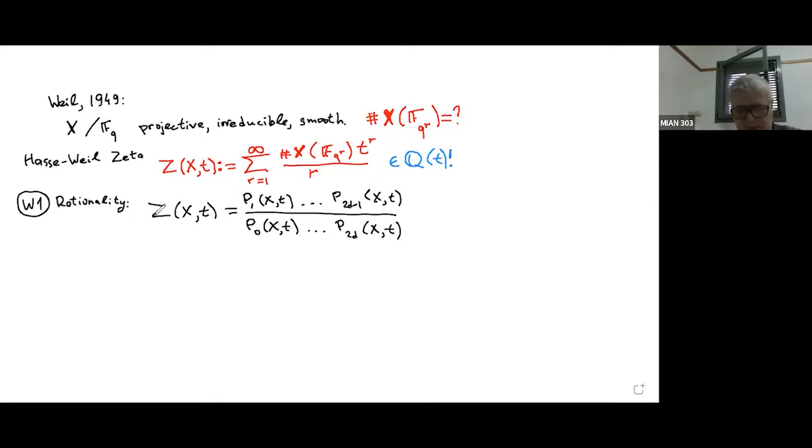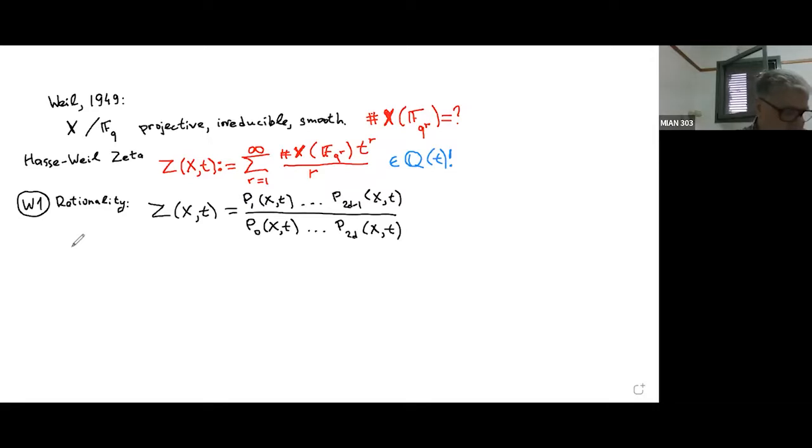The related geometry can be calculated in terms of the topology of that complex variety, which is 2d dimensional, considered as a real variety.